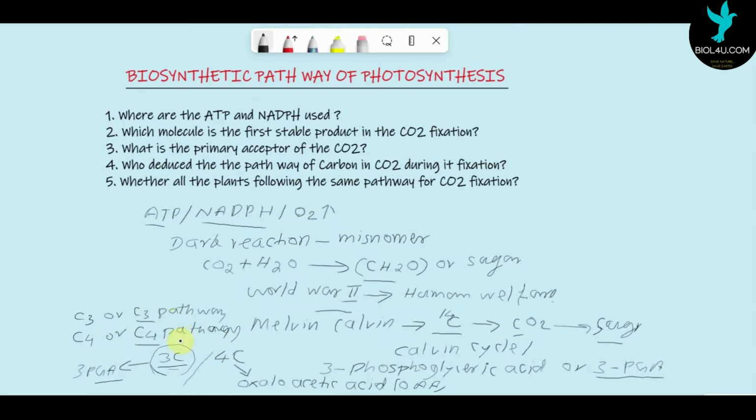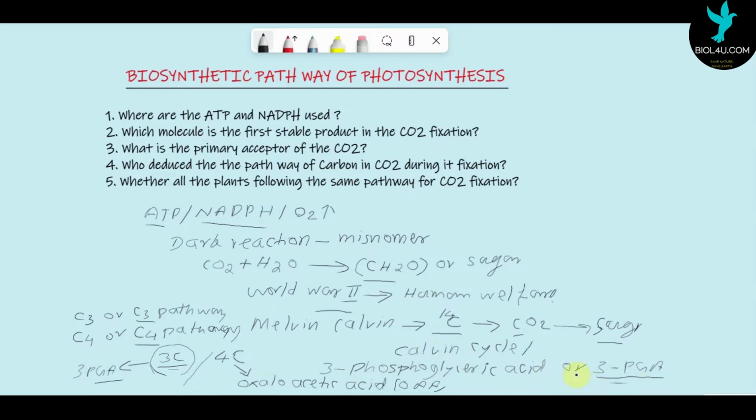So it is concluded, it has become very concrete, that the first stable product is the 3-carbon compound in the majority of plants; C4 plants we will consider later. The 3-carbon compound, 3-phosphoglyceric acid or glycerate, is the first stable product. It is confirmed.